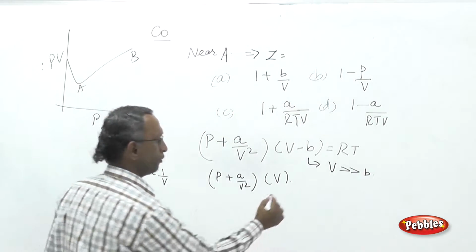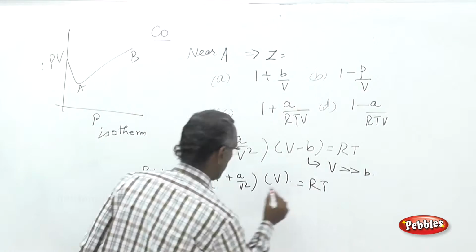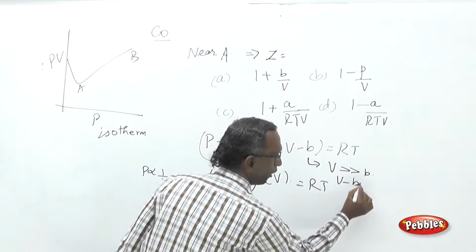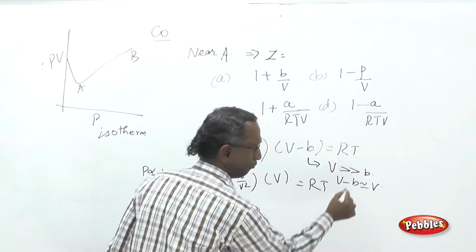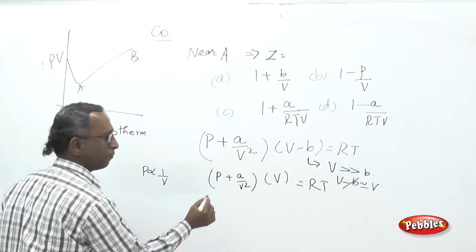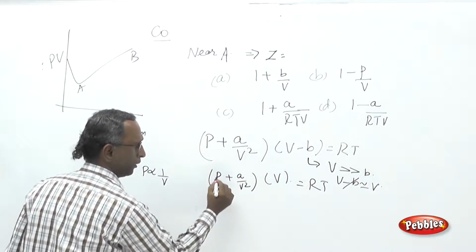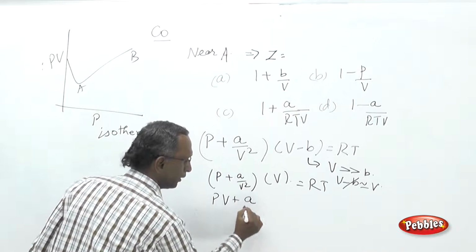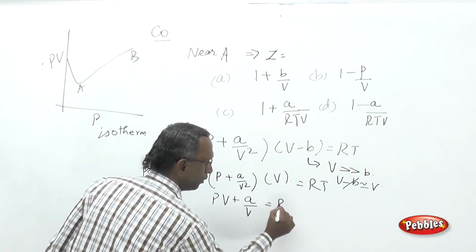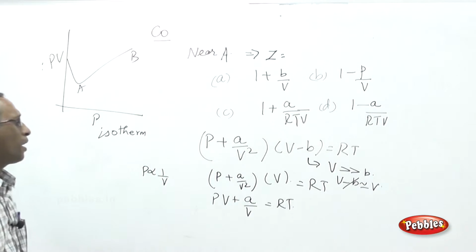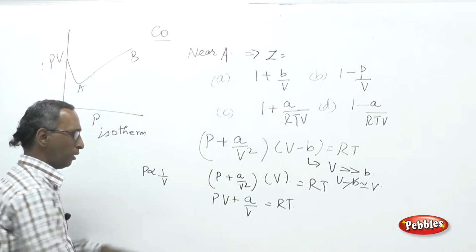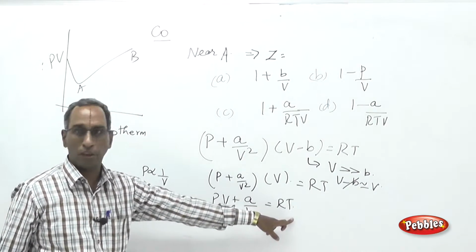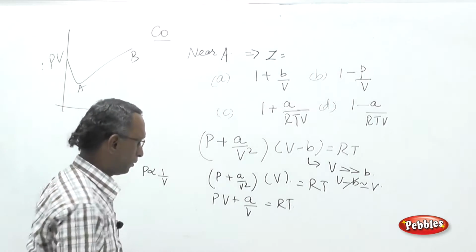In this case, only b is neglected. So V minus b is approximated as V because we are neglecting b. So it is resubstituted: PV plus a by V squared into V, a by V, equals RT. In a similar manner, you can divide by RT. PV by RT plus a by V into 1 by RT equals RT by RT, which is 1.